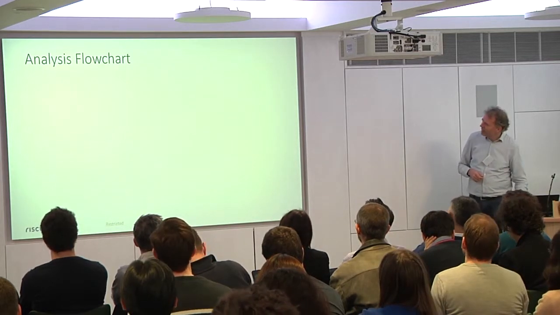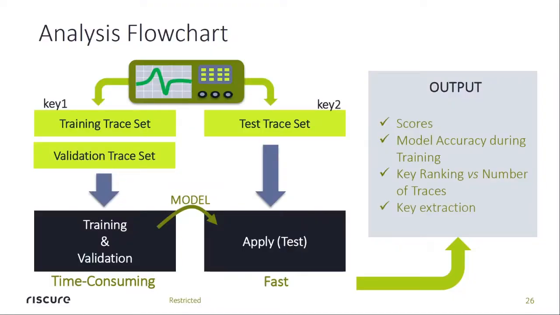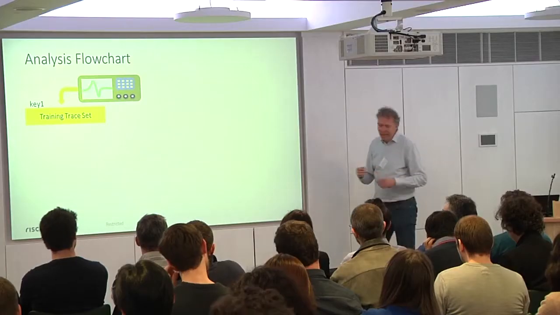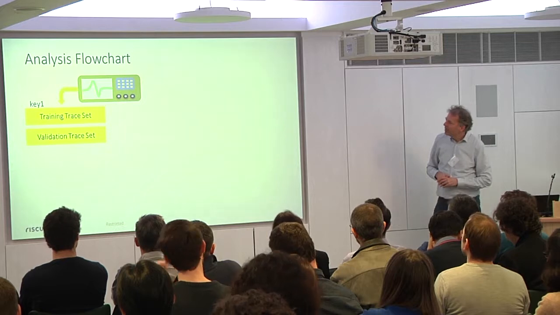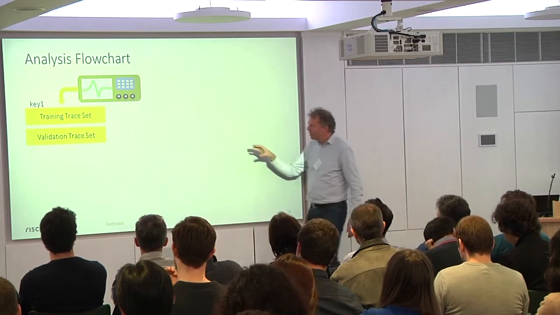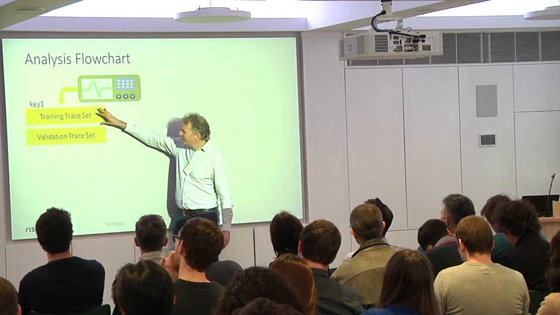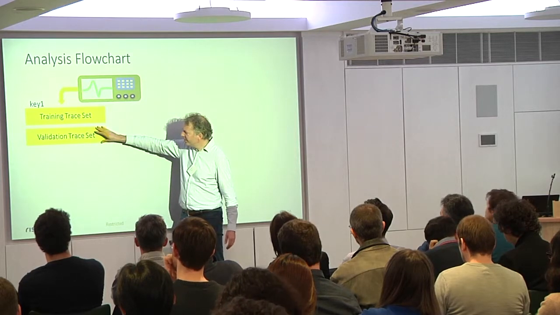So let's look at the analysis flowchart. How does the process work? As an attacker or as a test lab, you will start by acquiring a training set based on a key that you know. You would split that into a part used for the training and a part used for the validation.